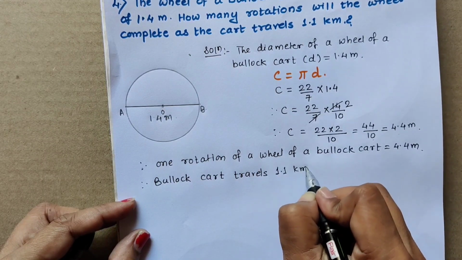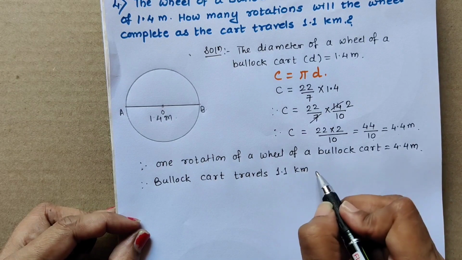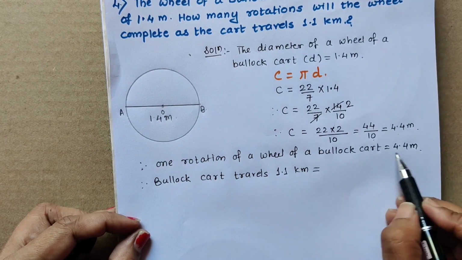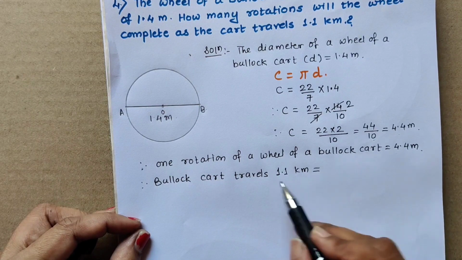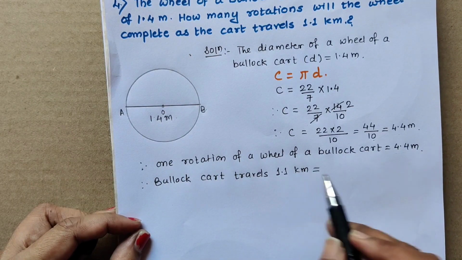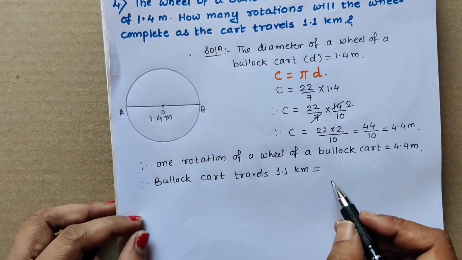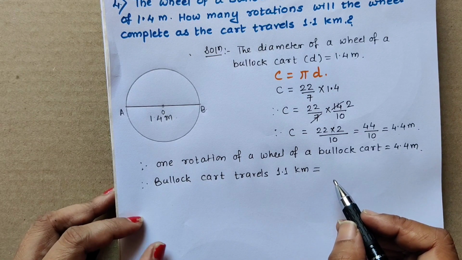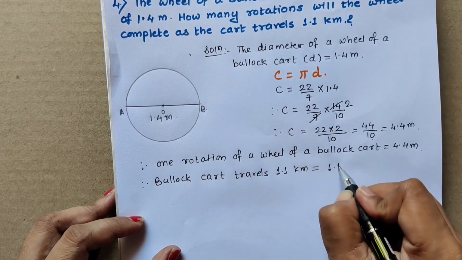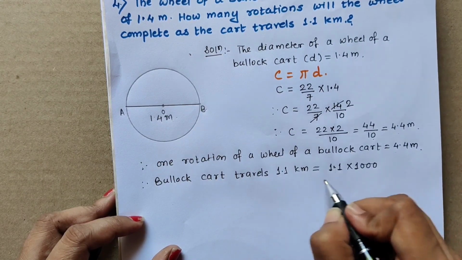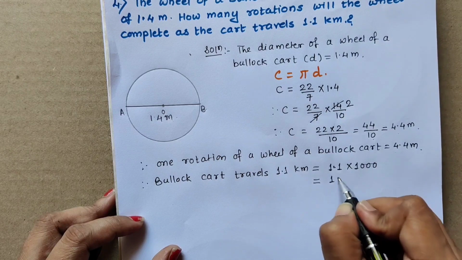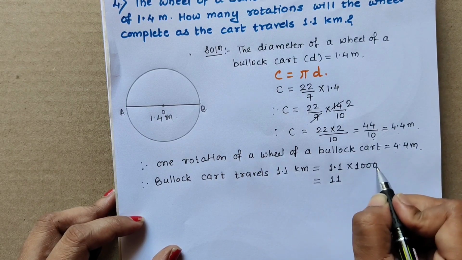1.1 kilometer. So 1.1 kilometer means how many meters? Because the diameter and circumference we are getting in meter, we have to convert this kilometer into meter. We all know 1000 meter is equal to 1 kilometer. That means 1.1 multiplied by 1000. It is 1 and 3 zeros.